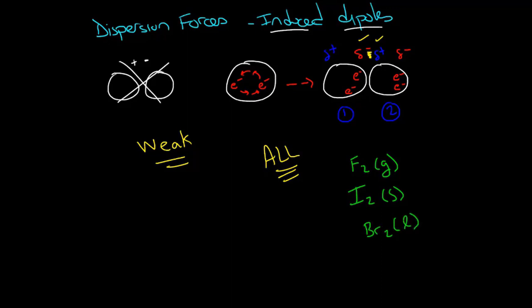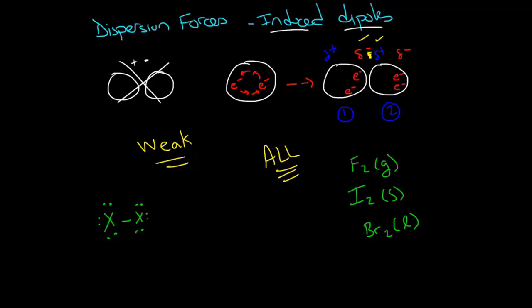All 3 of these elements are halogens. They're all really related. Structurally, they look essentially identical when we think about our Lewis structures. They all look like this. So how is it that all of these nonpolar molecules exist in different phases of matter?